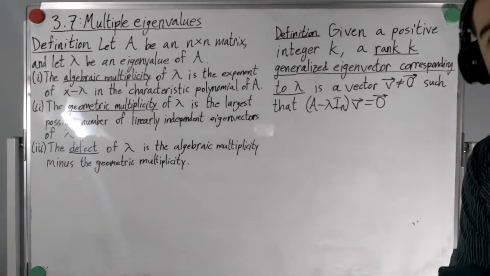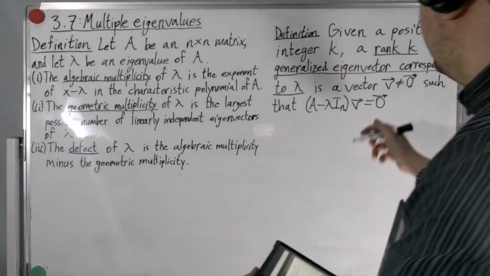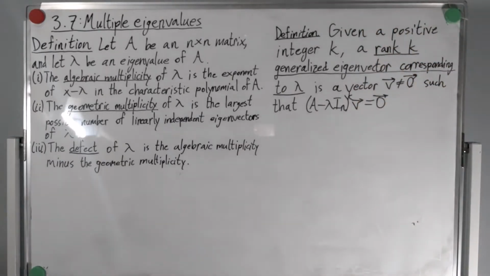If we had just (A minus lambda I) times v equals zero, then we'd just be talking about an eigenvector, right? So we're not talking about this, we're talking about raising this matrix to the k power and then multiplying it by v.